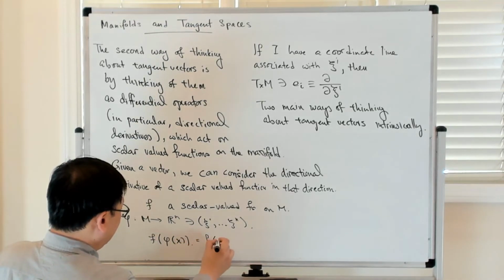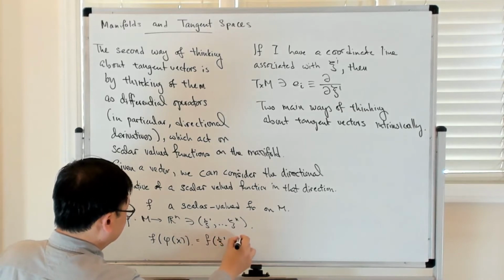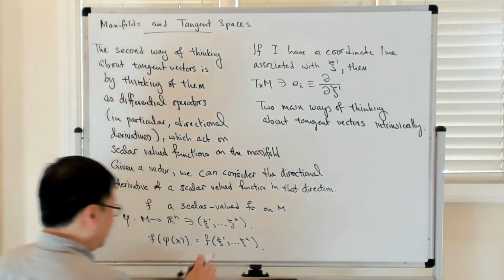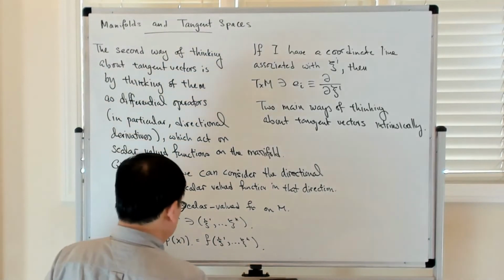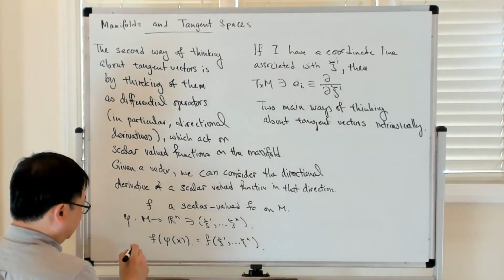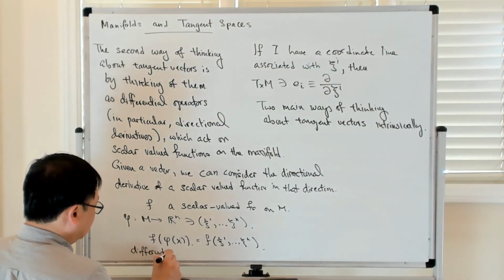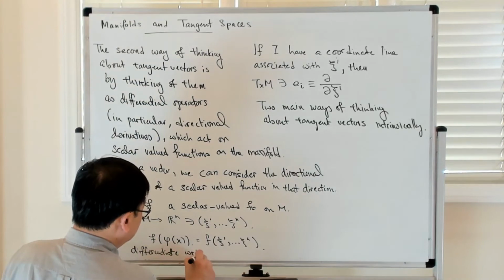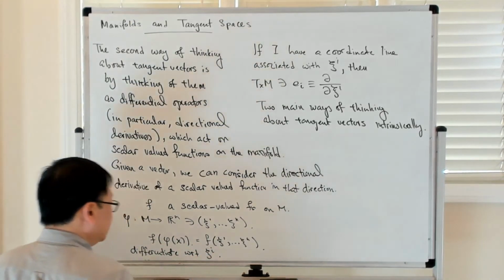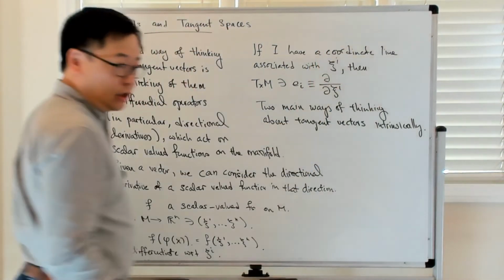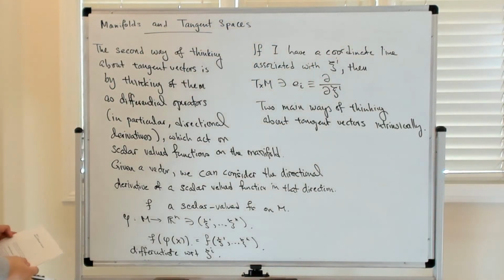This gives me f in terms of C1 to Cn, and then I can differentiate with respect to the Ci's, and that gives me the directional derivative in each of these generating directions, if you will.